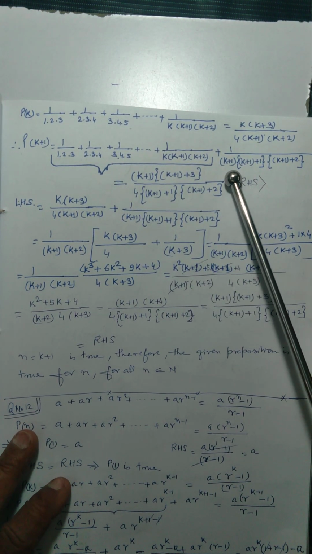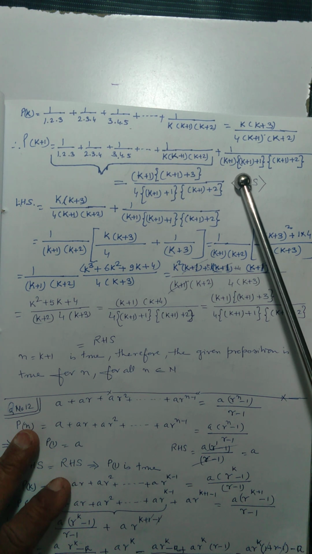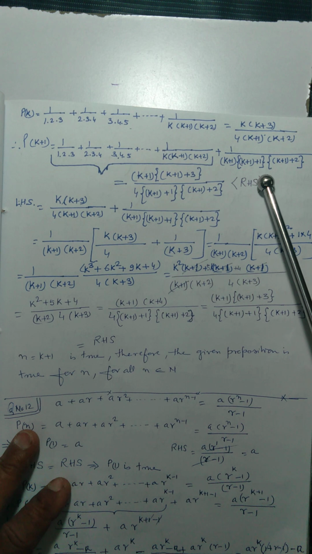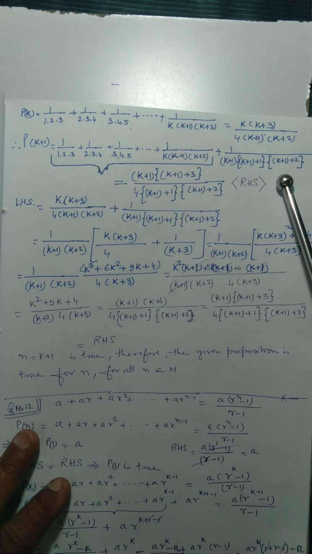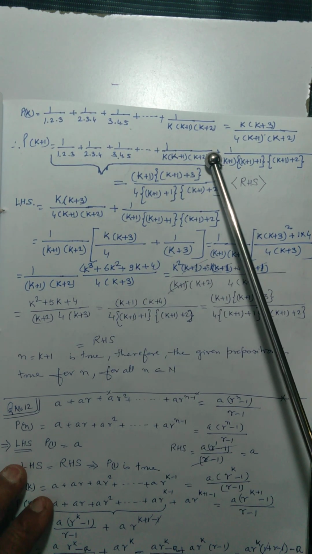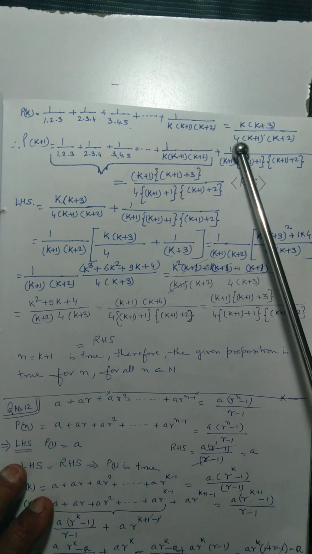Now the additional term is 1 upon k plus 1 in the second bracket, that is k plus 1 plus 1, in the second bracket, that is k plus 1 plus 2. So from this point to this point we can write the right hand side.